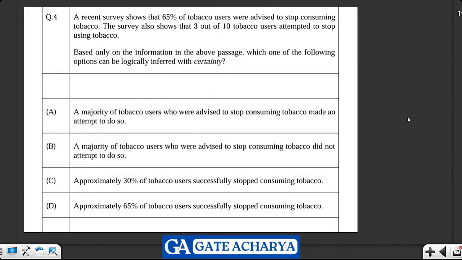Now let's analyze the data from percentage. So 65 percent. When you say 65 percent, you can imagine the ratio as 65 by 100. That's what a percentage means. Let's say in that town, 100 people are there. How many were advised to stop consuming tobacco? 65.